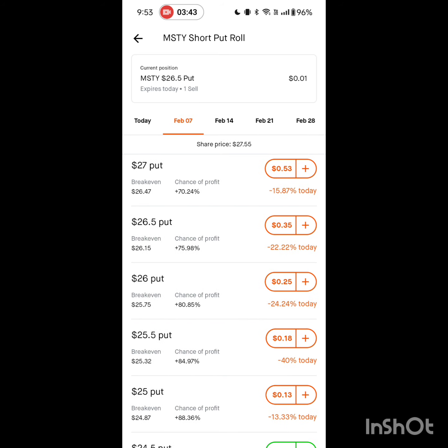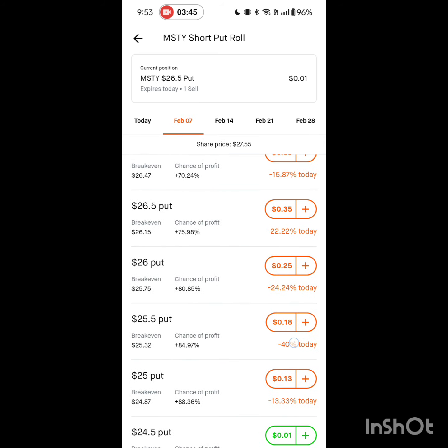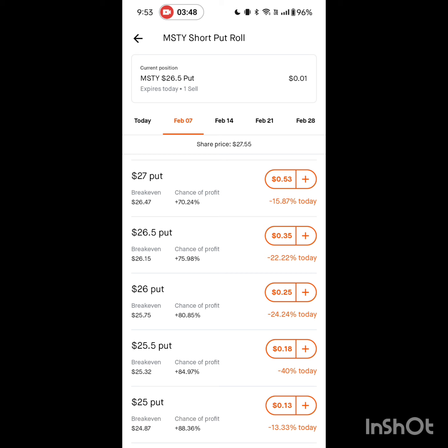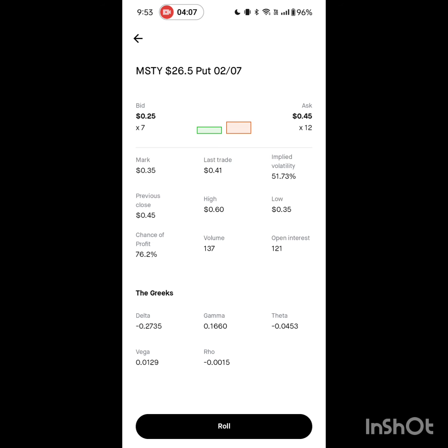Let's pretend that I want to roll it for 1 week. My debit is going to be $1. However, I'm going to receive $35 of premium for rolling this position over for one more week with the same strike price. Let's select it.